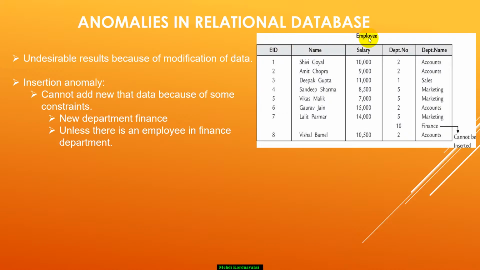Here is an example of a table about the entity employee, and you cannot add a department named finance unless you assign an employee with a salary to them, because we cannot add a record to this without value.